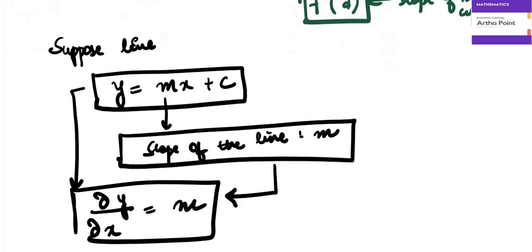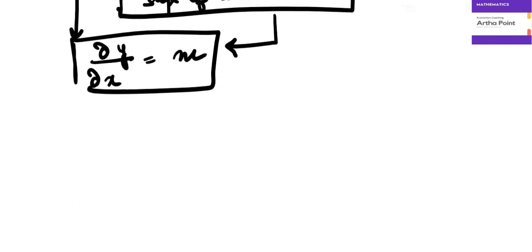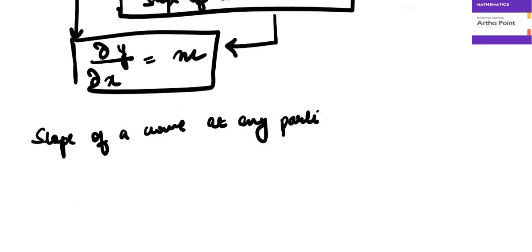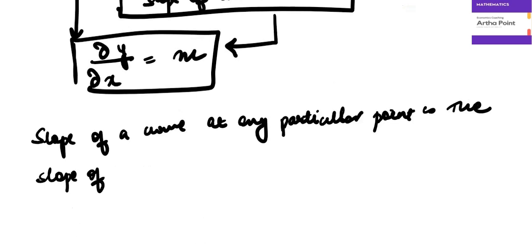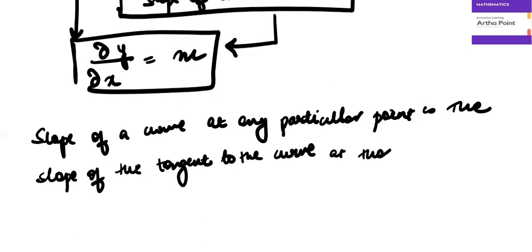Now, to understand the slope in much more detail, we can define that the slope of a curve at any particular point is the slope of the tangent to the curve at that point.